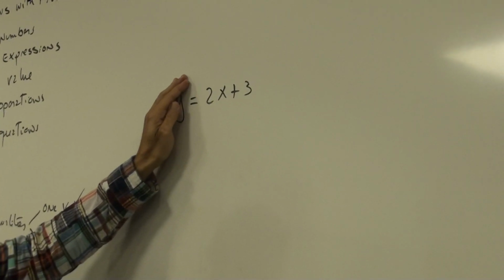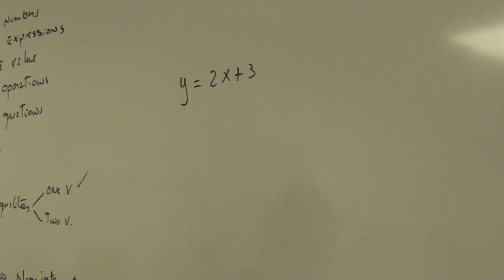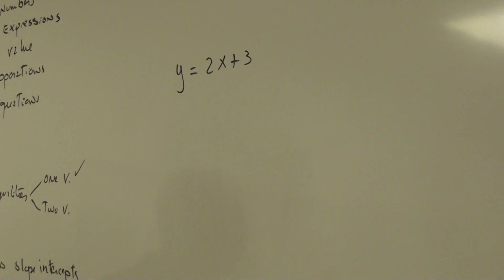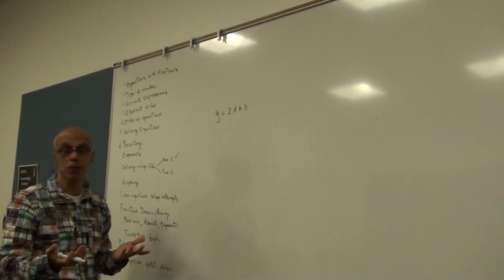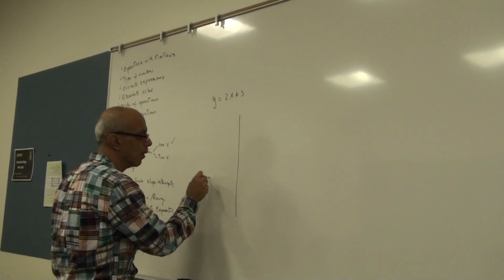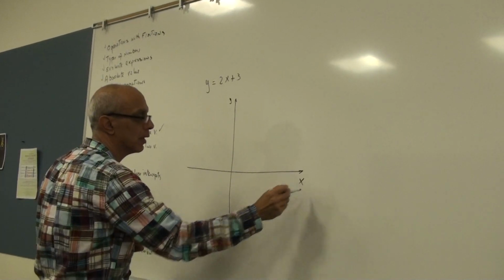You say, well, x is a certain value that satisfies that. But here, with two variables, we have an infinite number of solutions. And the best way to represent that is by graphing, okay? Where here is the y-axis, this is the x-axis.